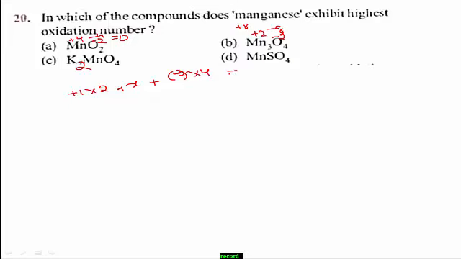The overall sum becomes equal to 0. Then x equals plus 6, right? Here plus 6 is the oxidation state. And in MnSO4, SO4 is minus 2, therefore Mn is plus 2. So where is the highest oxidation number? In K2MnO4. It shows the maximum oxidation state of manganese.